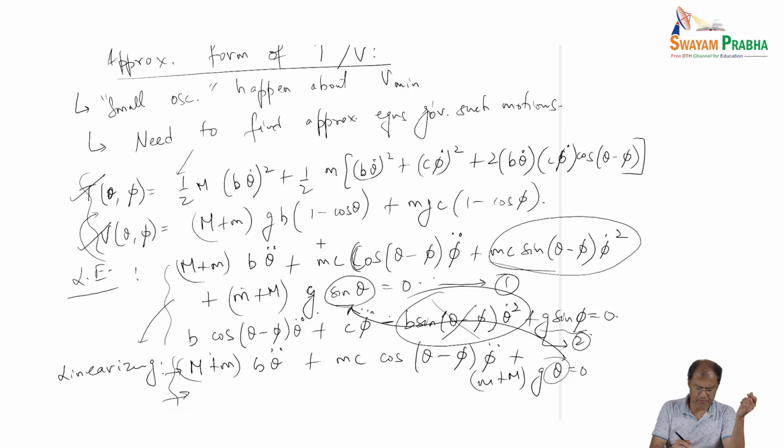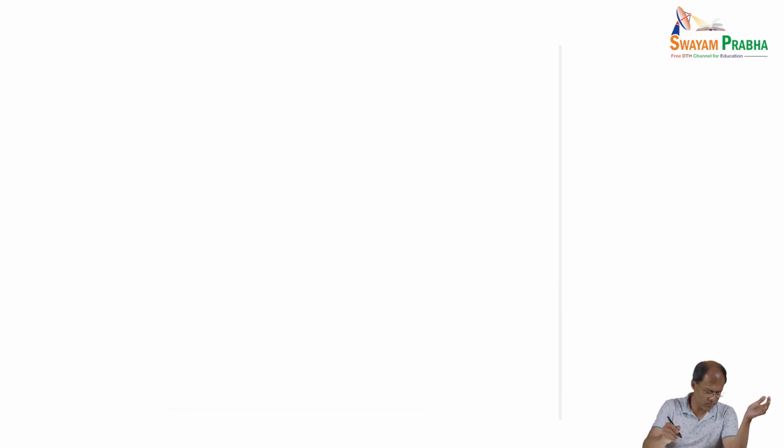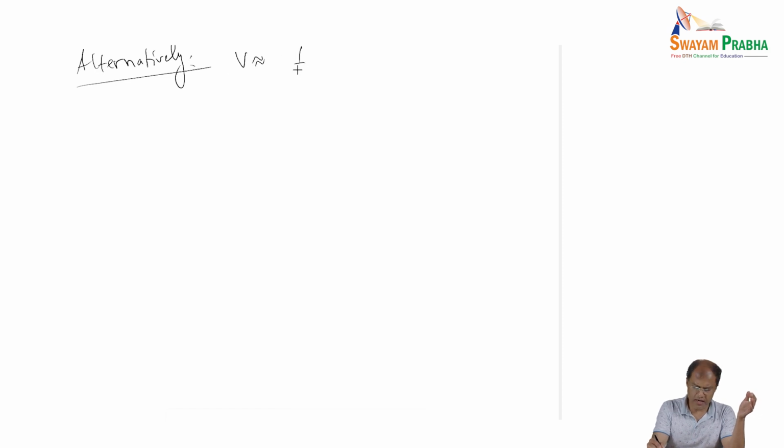Let me show you what I mean by that. Alternatively, this whole approach could have been done as follows. Suppose V is half M plus m times g b theta square plus half m g c phi square, right?